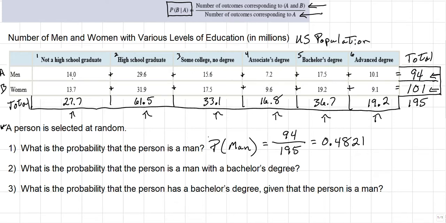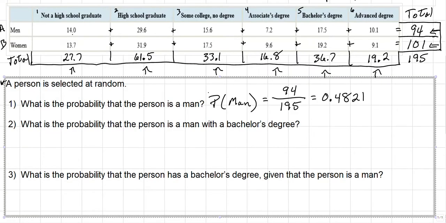Sometimes we may have to go further. It depends. We may have to go 5 or 6 decimal places depending upon what your leading digits are. Like I said, that's a straight probability. Number 2: what is the probability that the person is a man with a bachelor's degree?